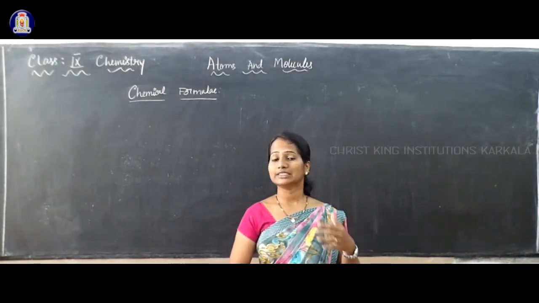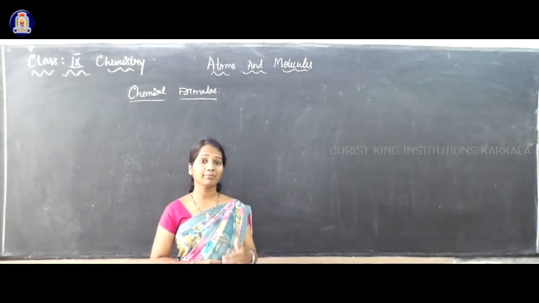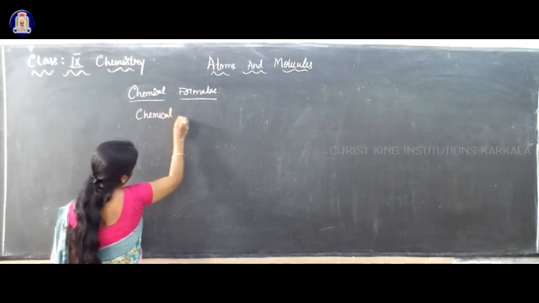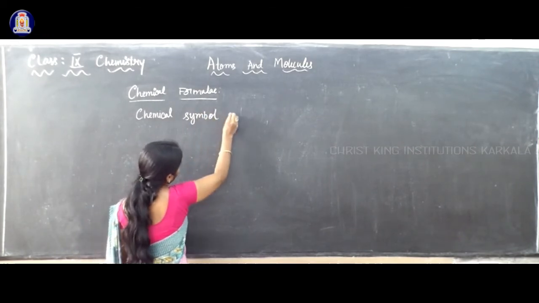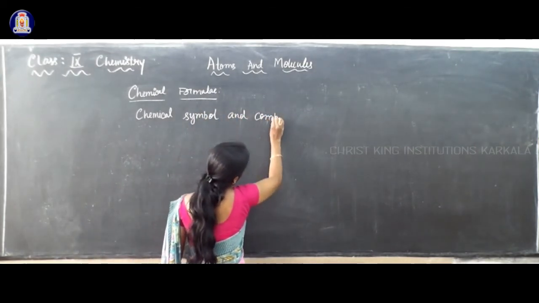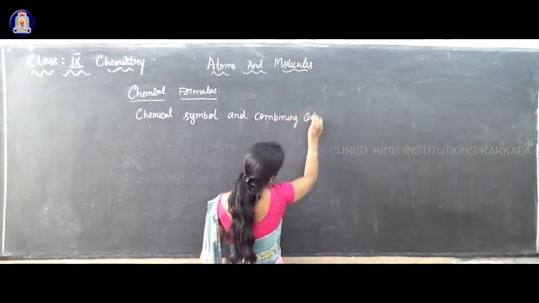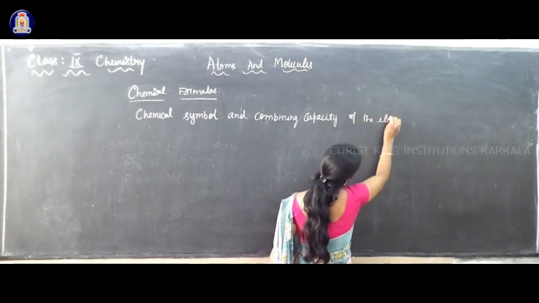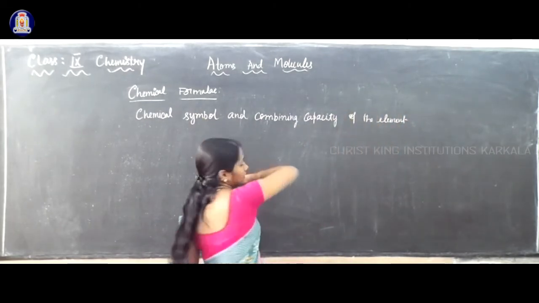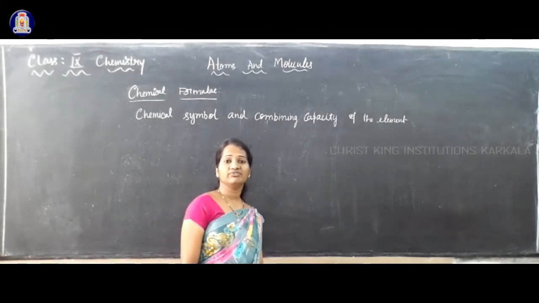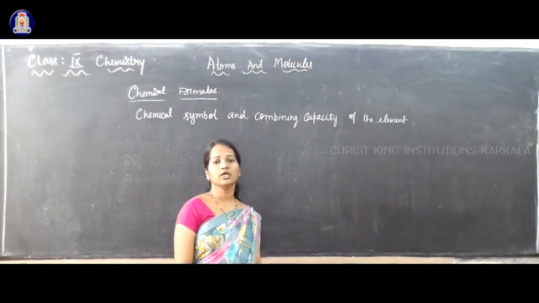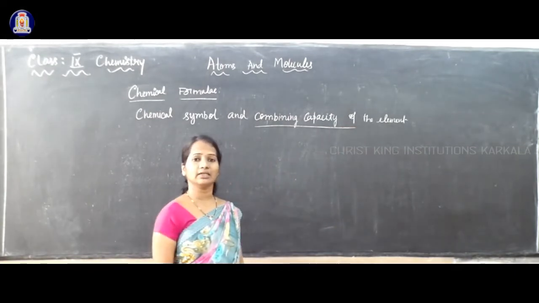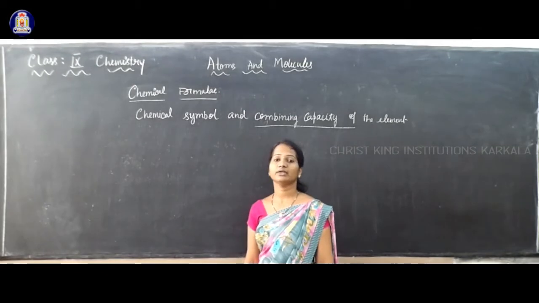If you know the chemical symbol of each element and the combining capacity of the element, the symbols which we have studied, then you can easily write chemical formulae for different compounds.